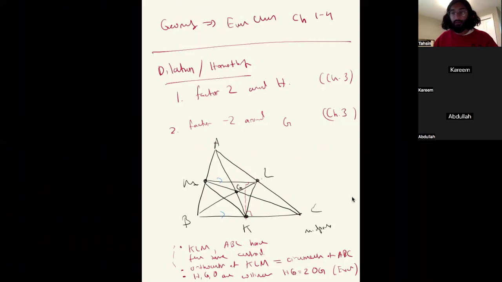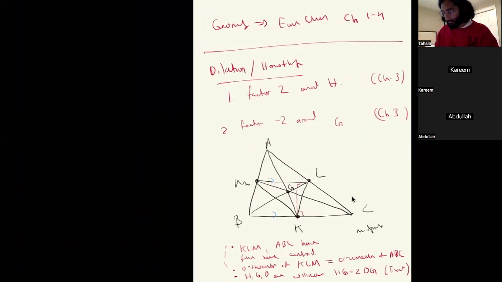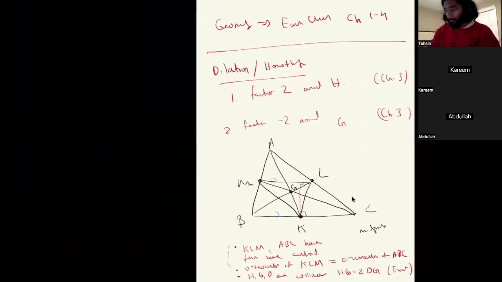And then there's a third homothety or dilation that's important. So do you guys know what the third one is? We actually covered it last time. Oh yeah, the excenter and incenter. That's right. This is also a very important one.